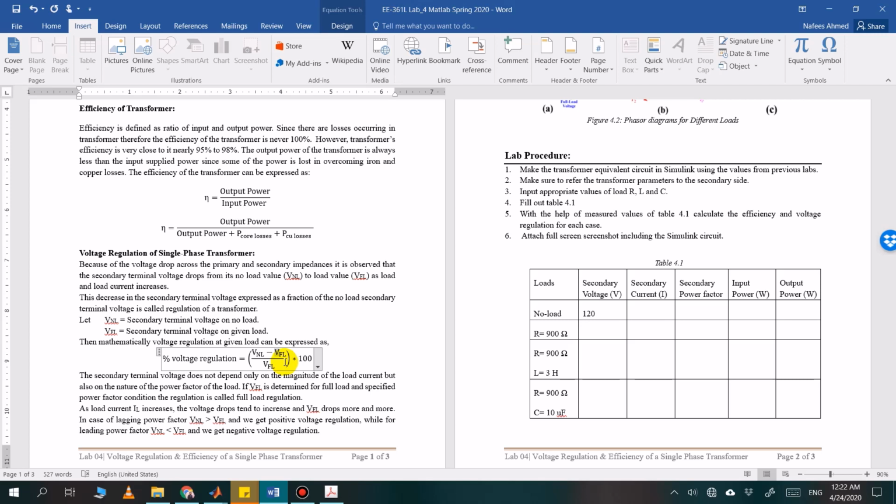So plus minus 10 volts of 230 volt: the lower limit will be 220 volts and the upper limit would be 240 volts. So K Electric is bound to provide us a voltage in the range of 220 volts to 240 volts.